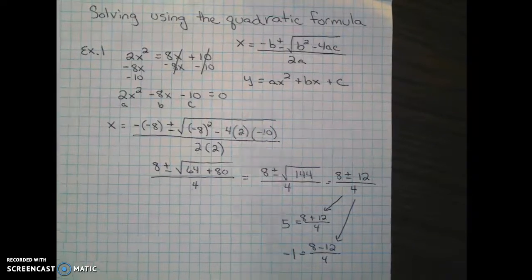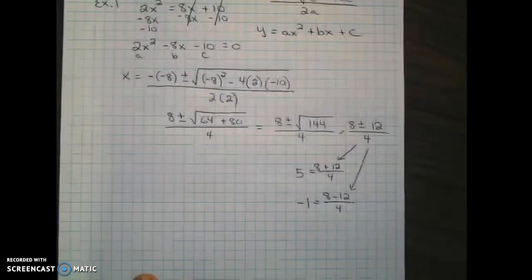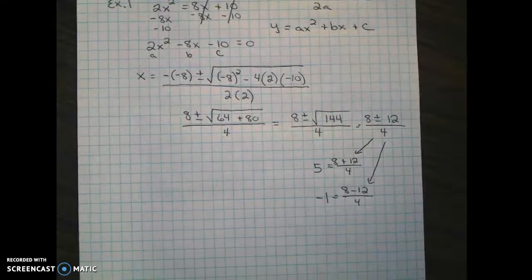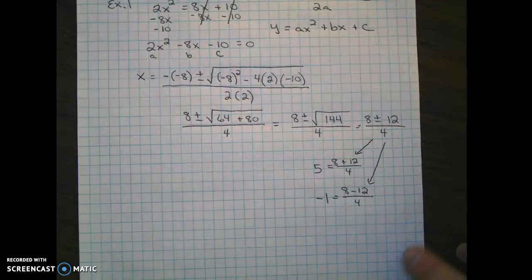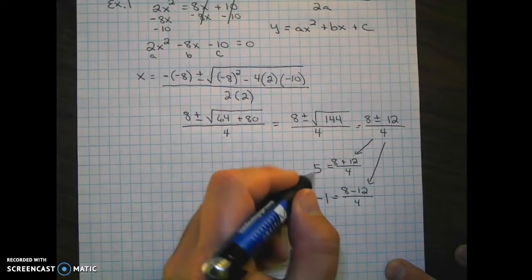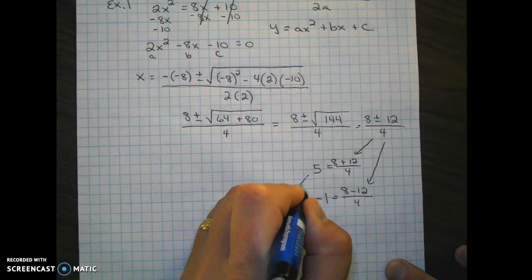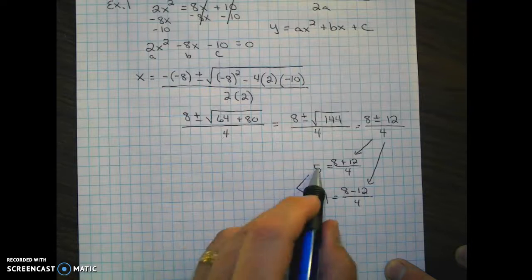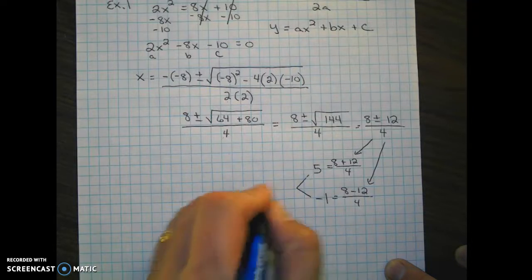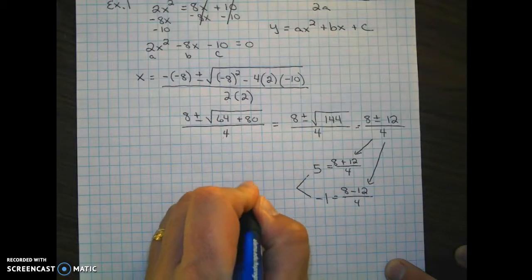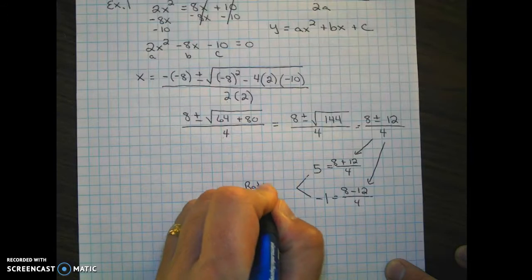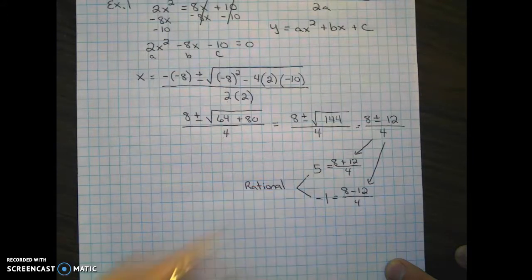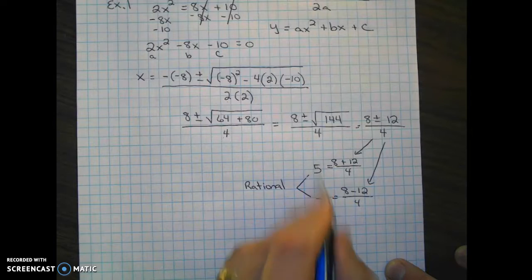So let's take a look at another example. But before we do, let's really quickly categorize these solutions here, what type of solutions these are. So these are rational solutions. Rational solutions.